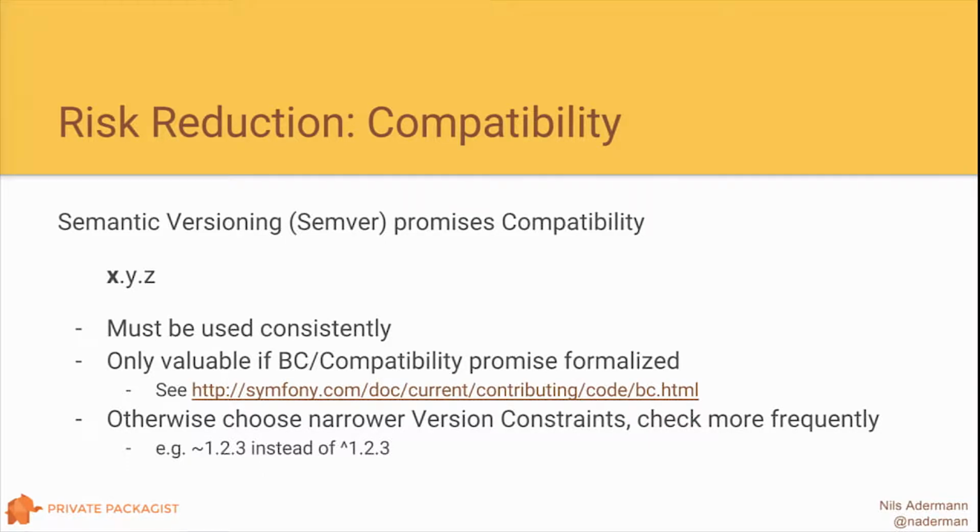Now this is entirely worthless if the developer of this open source library, or even if you're using this internally within teams, decides that this small BC break over here really doesn't require that I increase number X because it's so small, hardly anyone will ever run into that.